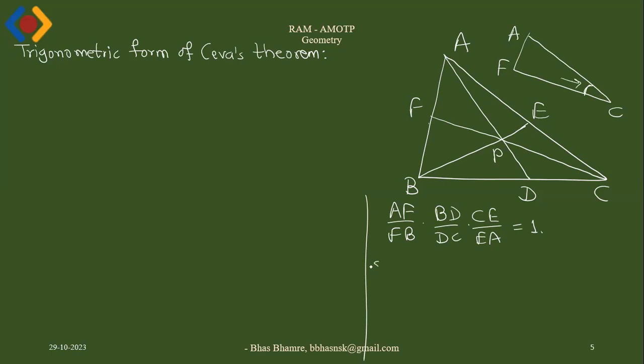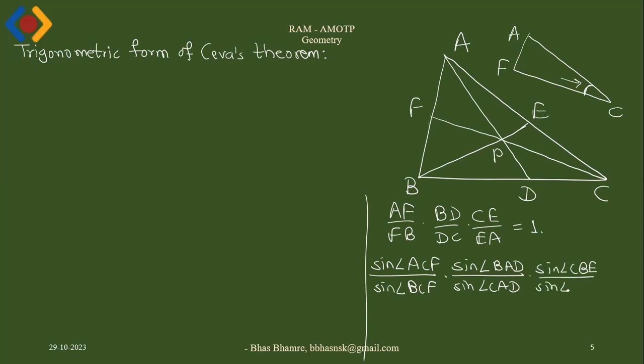Okay. So the trigonometric form goes sine of angle ACF over, then for BF, the opposite is sine of angle BCF, times, for BD, we have sine of angle BAD over sine of angle CAD, times sine of angle CBE over sine of angle ABE, and is equal to 1.